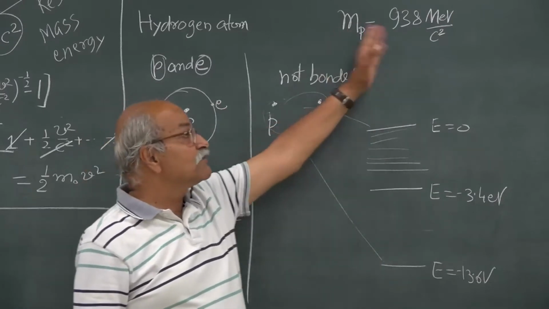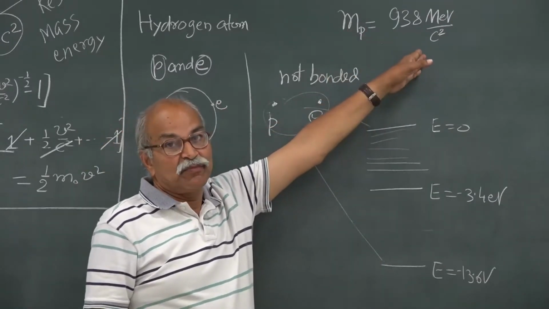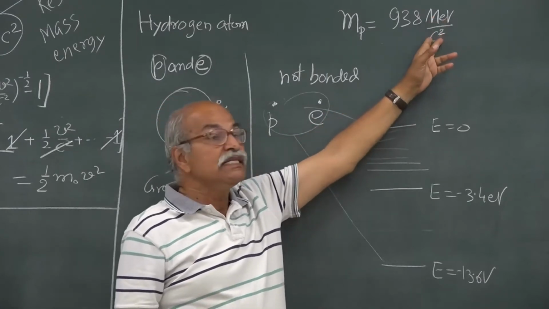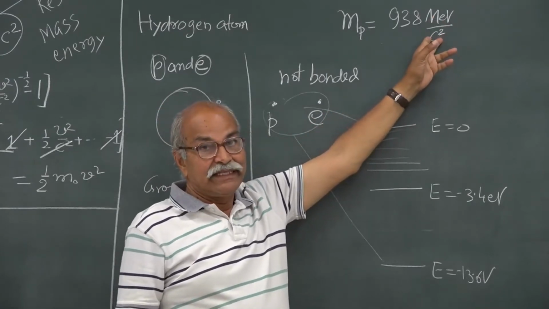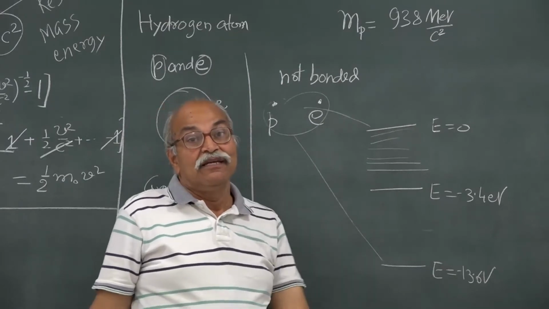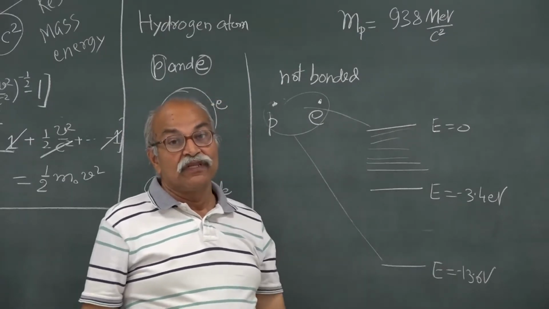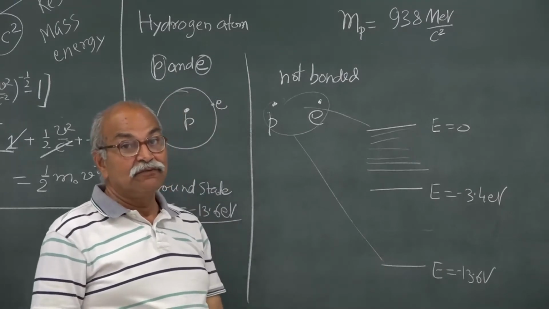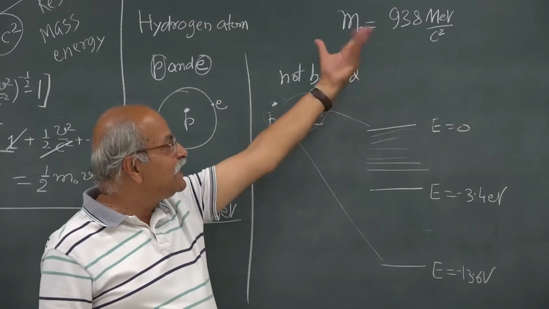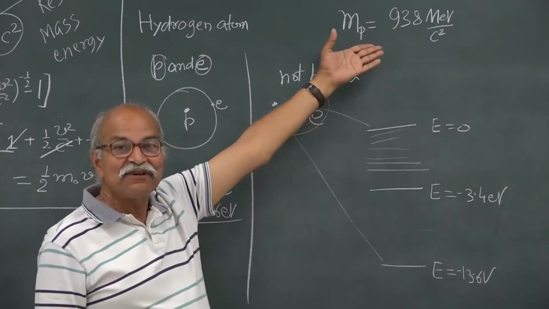I am writing the rest mass of the proton, and mass I am writing in units of MeV by c square. This is a very common unit of mass used by atomic physicists, nuclear physicists, then people working with quantum mechanics.